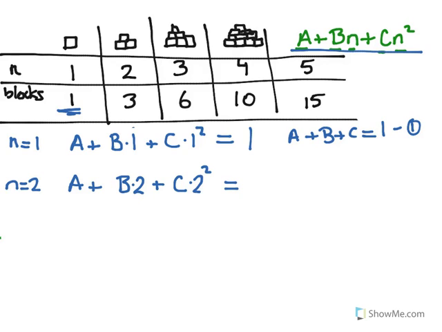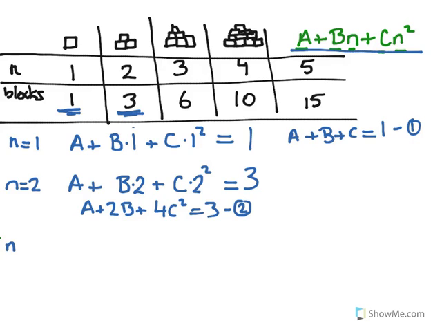And what is all of this equation going to equal? It's going to equal the answer that we got when n equaled 2 from our table. So that is going to equal 3. So let's rearrange this equation. We will get a plus 2b plus 4c equals 3. This we will call equation 2.